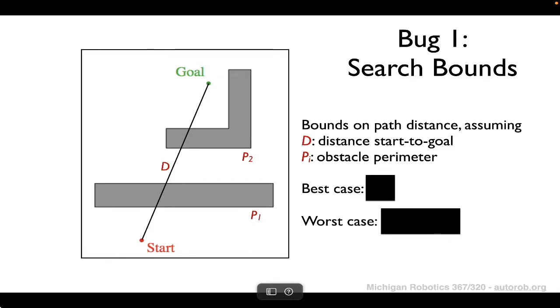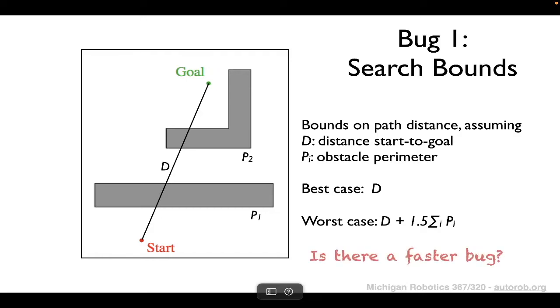In particular, the best case for bug algorithm 1 is going to simply be the straight line distance from the start to the goal, right? So the best case is going to be a path of length d, just that straight line from the start to the goal. And the worst case, meanwhile, is going to be d plus 1.5 times the sum of these obstacle perimeters.